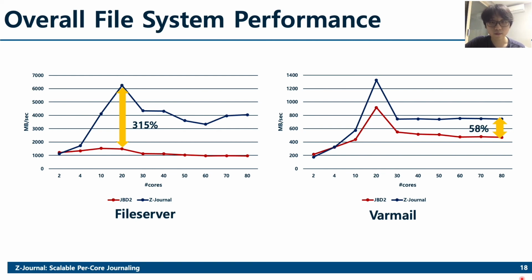Therefore, the performance gap between JBD2 and Z-journal was smaller than that in fileserver. In both experiments, Z-journal performed best at 20 cores, and performance gently declined beyond that point due to the NUMA effect resulting from the rapid increase in remote memory access across domains.